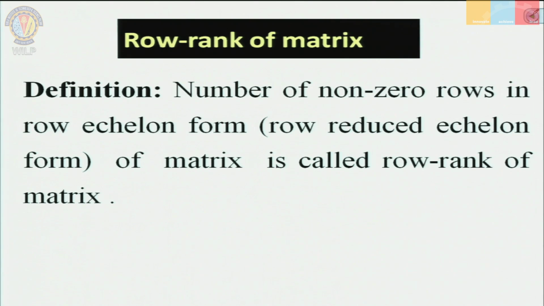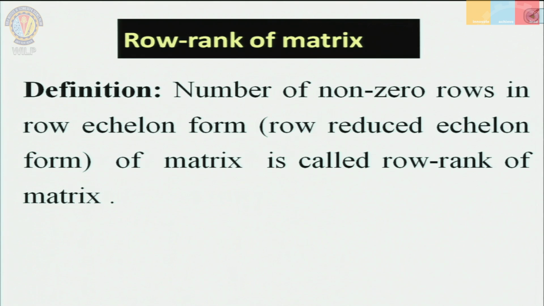Now, when the augmented matrix is known, we have to see the meaning of the row rank of a matrix. Suppose the matrix A is given and you want to know its row rank.